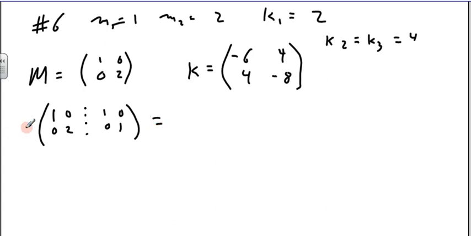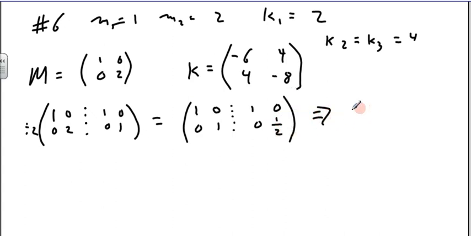I'm going to divide by 2 on the second row. 1, 0, 0, 1, and 1, 0, 0, 1 half. So that clearly implies that M inverse is 1, 0, 0, 1 half.